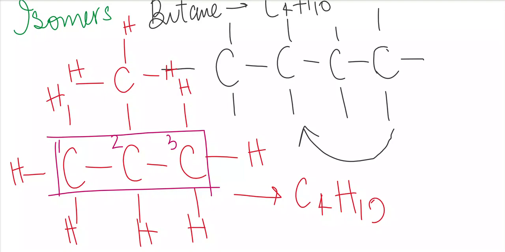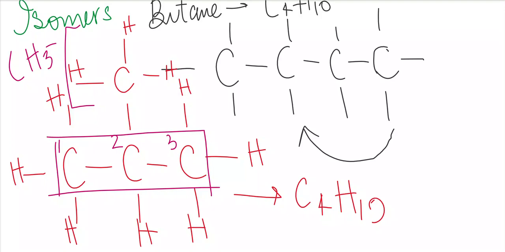After that we have a methyl group that is present here. This CH3 is the methyl group. Now this is not included in this chain, as I already told you this chain should be straight, right? So this is the methyl group, and this carbon atom is the second in this chain.